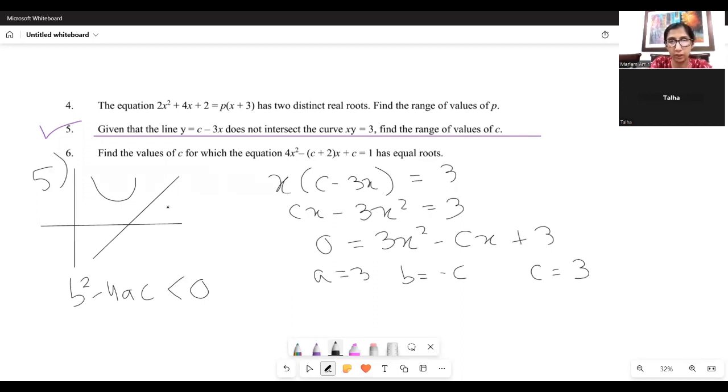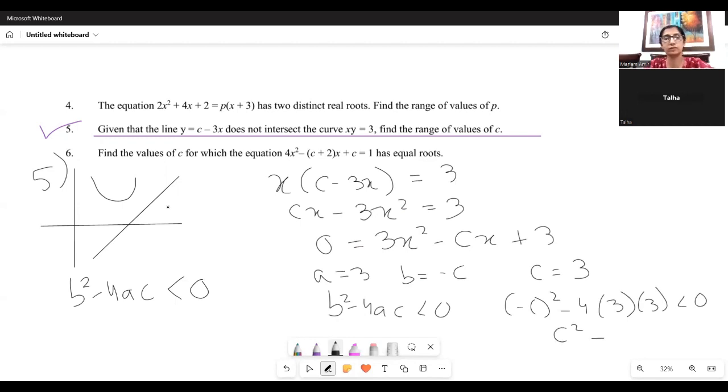So b square minus 4ac is less than 0. So minus c whole square minus 4 times 3 times 3 is less than 0. So c square minus 36 is less than 0.